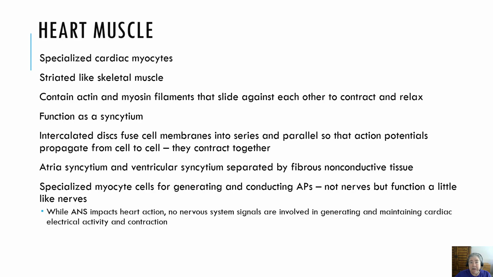And if it was one syncytium, you'd have the whole thing just sort of starting to contract and contracting together. So there is this fibrous non-conductive tissue between both atria and both ventricles that prevents direct communication of that electrical impulse from the atria to the ventricles, except at one point, which is the AV node.